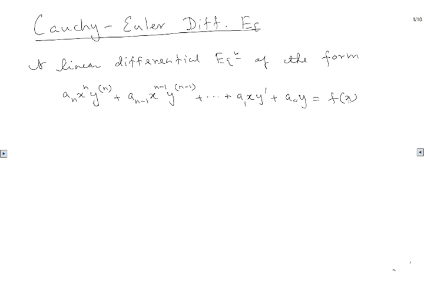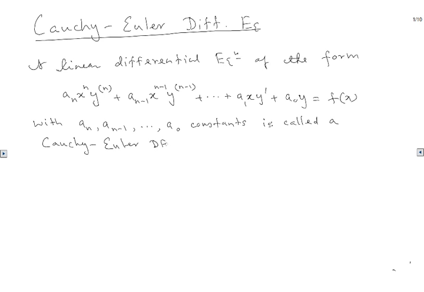This is a linear differential equation, but it is what we call the Cauchy-Euler differential equation of the nth order, with a_n through a_0 constants. But what we can study is the second order Cauchy-Euler equation.